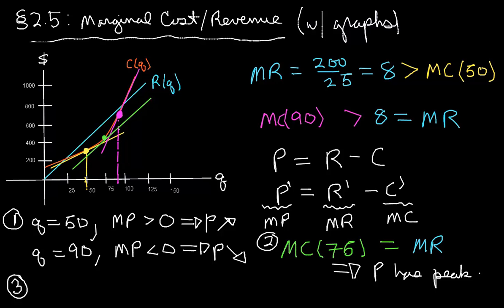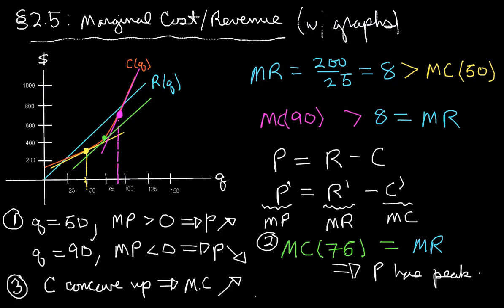At Q equals 75, the slope is exactly 8. And then at Q equals 90, it's larger than 8. And so concave up means that the marginal cost is increasing. So C being concave up means that the marginal cost is increasing.